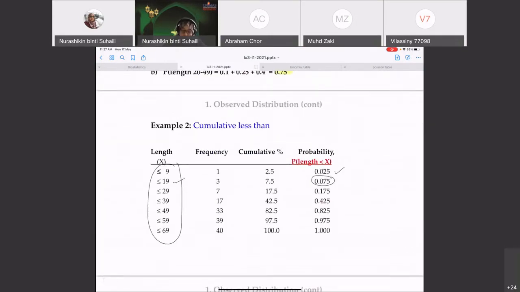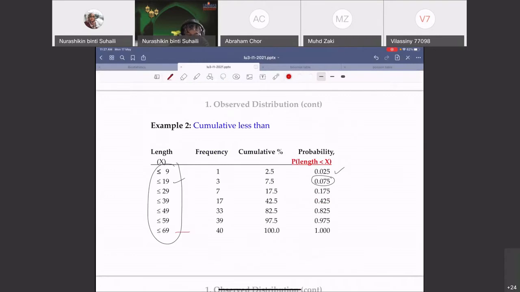So you have to add up the values before that, because of the difference in these classes. And how do you make sure that what you add up is correct? Your total value, the final value here, should be 1.